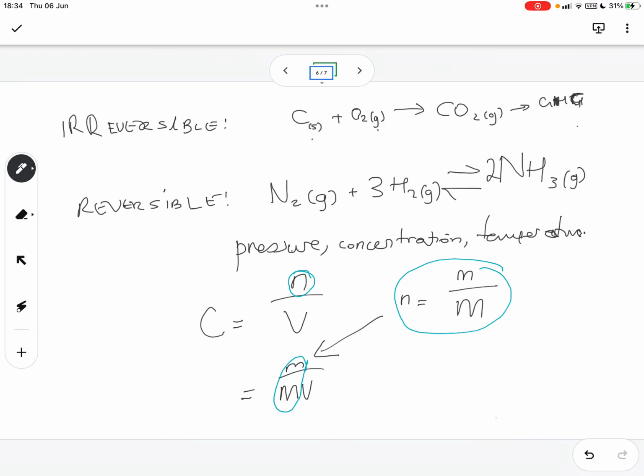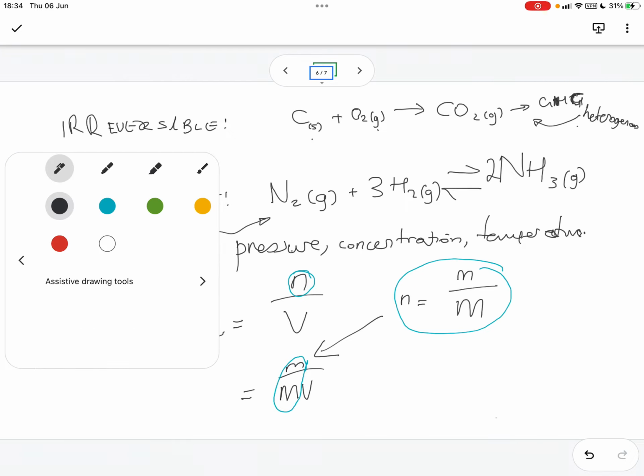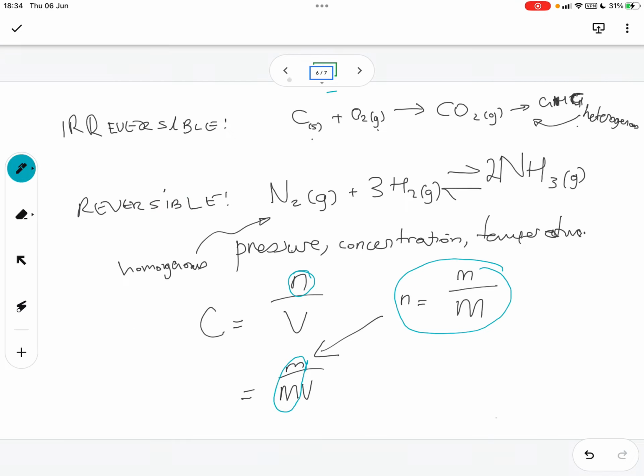And this reaction is irreversible because when you burn the carbon solid, not only do you get carbon dioxide gas, you also have ash, and you can't convert ash back to coal. That means this is heterogeneous. But in this case, this would be homogeneous.